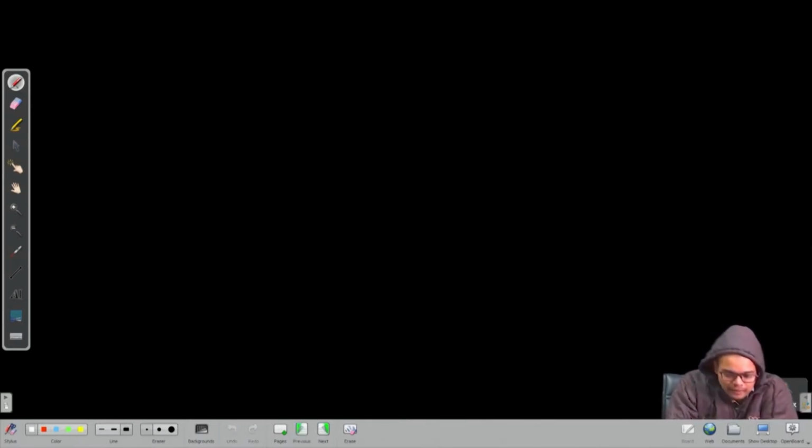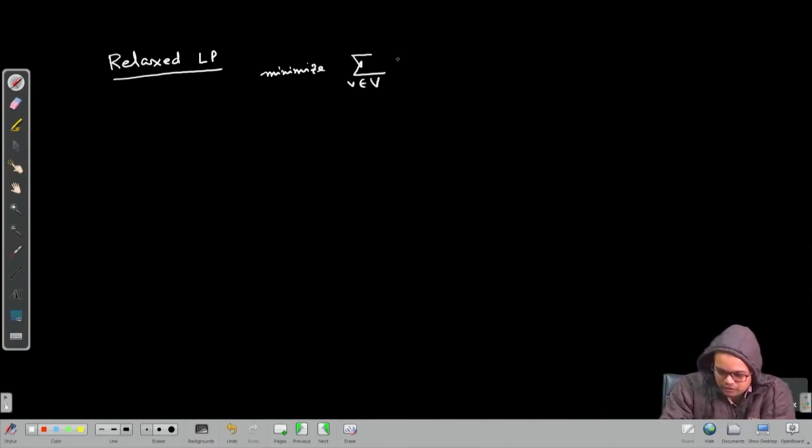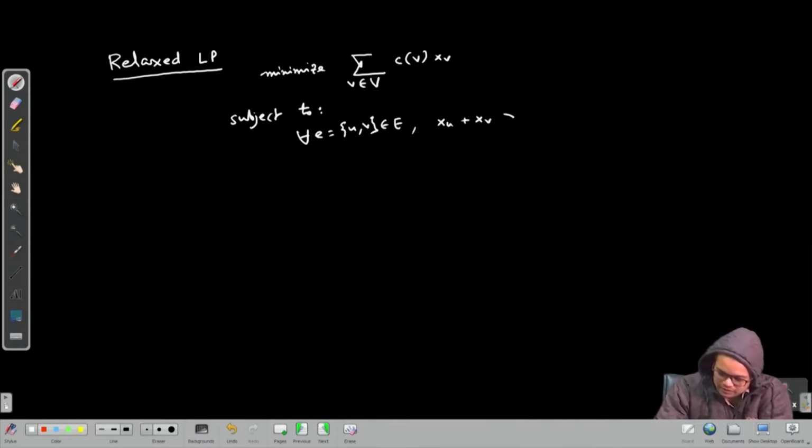So what is the LP relaxation? Minimize the sum over v in V of c_v x_v, subject to, for each edge e = (u, v) in E, x_u + x_v greater than or equal to 1, and for every vertex v, x_v is greater than or equal to 0 and less than or equal to 1.